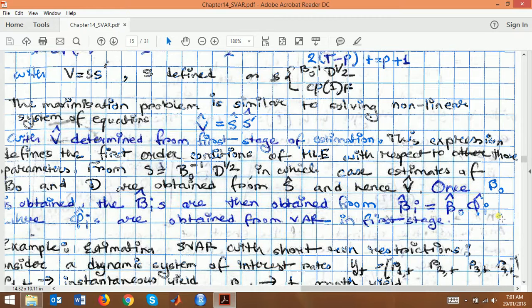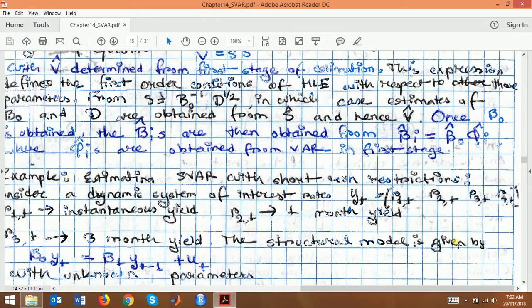Taking that information, we can find our structural parameter beta naught and the diagonal element d of the variance covariance matrix, and also beta i. When we find beta naught, we can also find beta i very simply, since the autoregressive parameters have already been determined in the beginning.